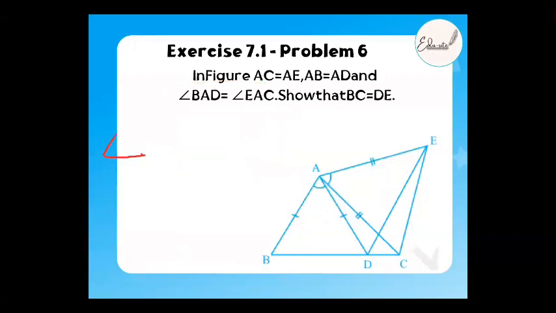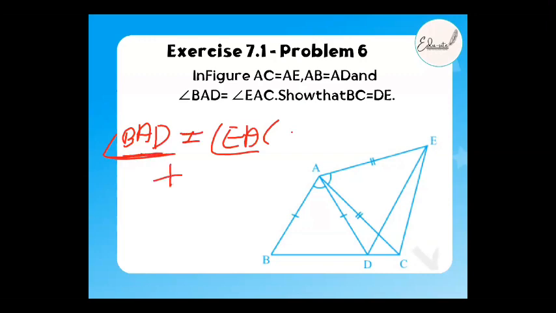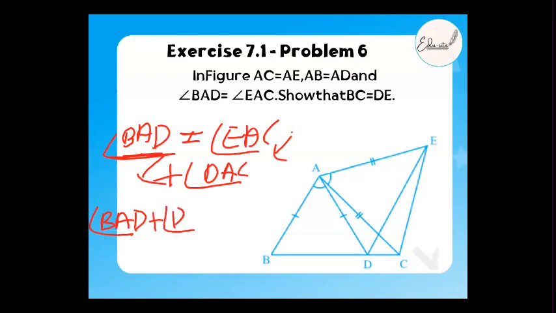Angle BAD equal to angle EAC is given. If you add angle DAC to both of these, then what will you get? Angle BAD plus angle DAC is equal to angle EAC plus angle DAC.